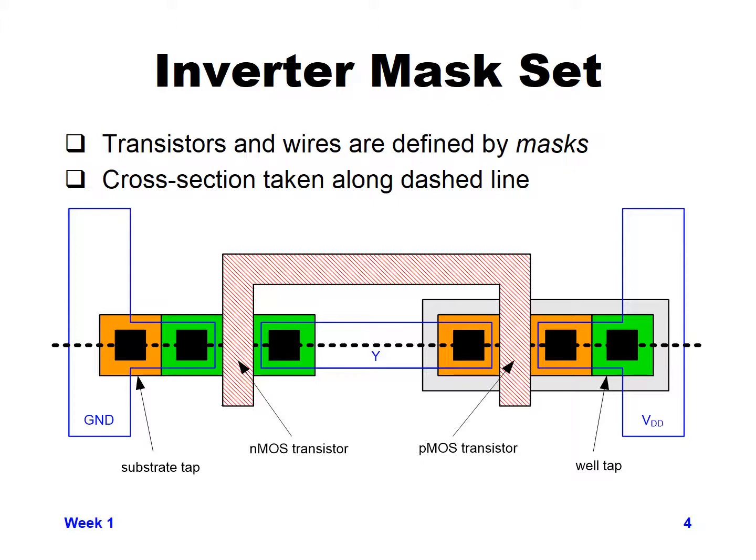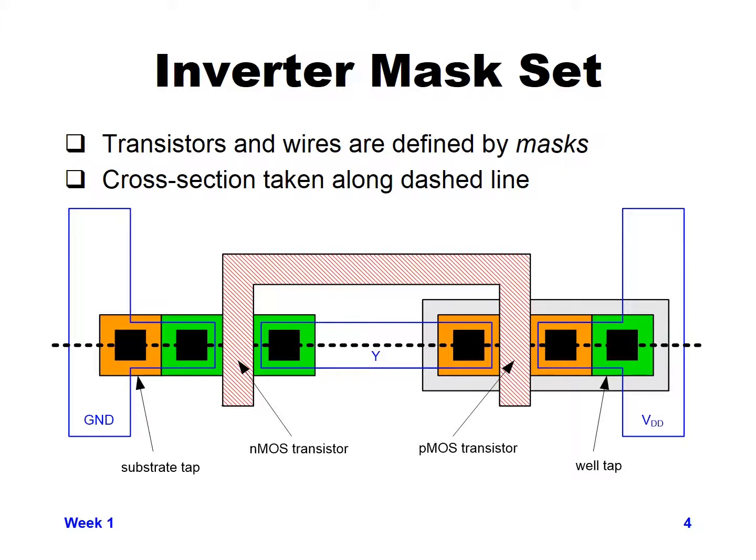And finally, the next region is the more grayish region that's around the PMOS transistor and PMOS well tap, which is the actual N-well region.